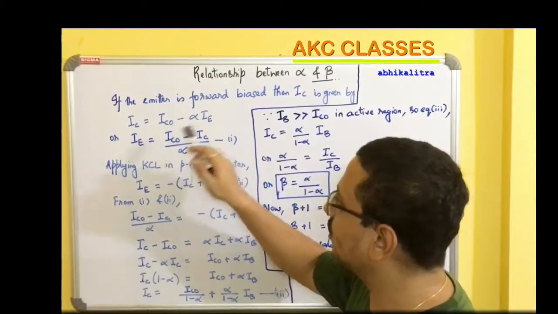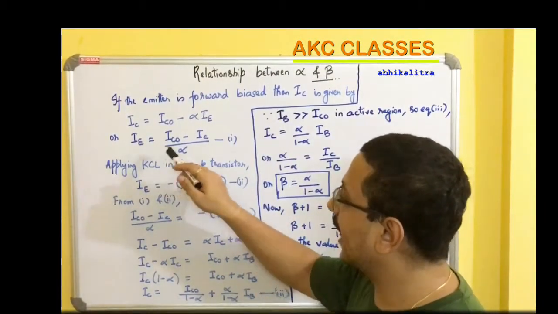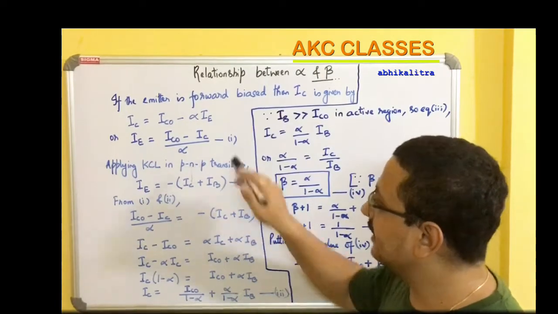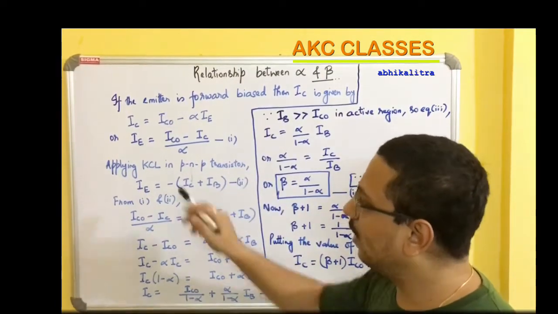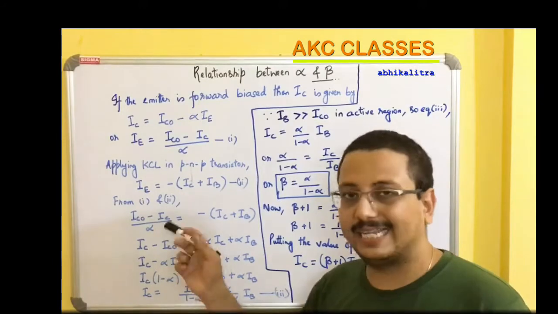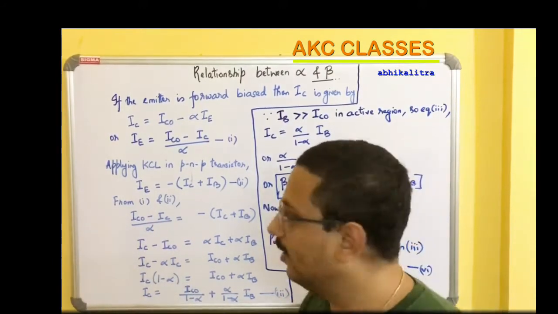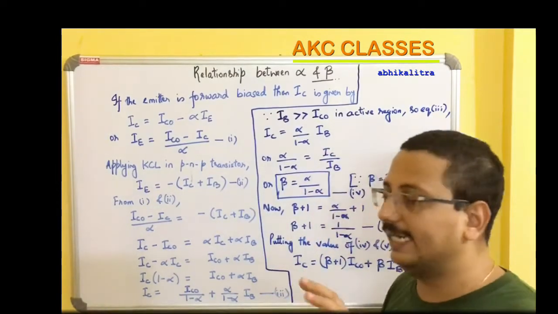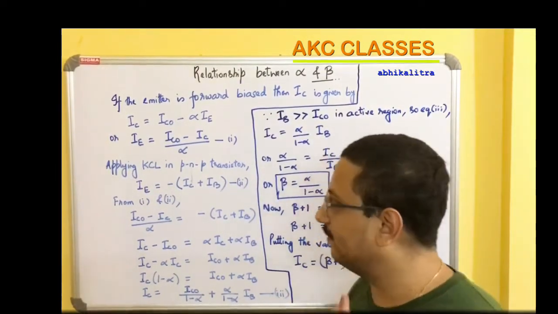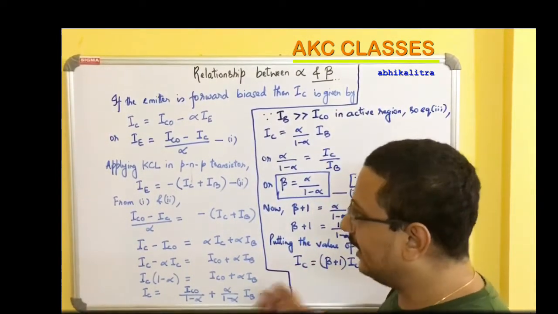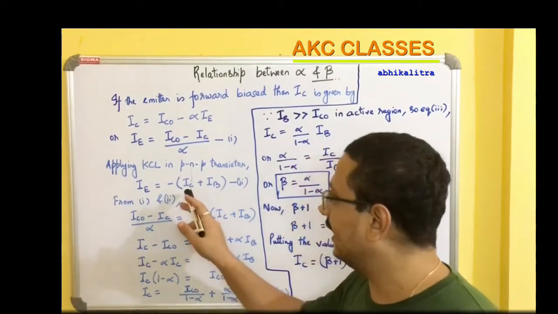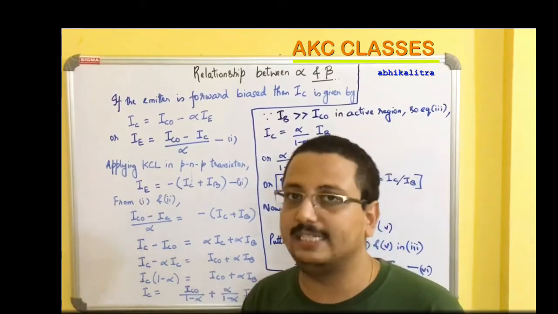From this we obtain IE, which is IE equals ICO minus IC, whole divided by alpha. We keep this as equation 1. Now we apply KCL, Kirchhoff's current law, to the PNP transistor. If you observe the PNP transistor, with the current directions I gave in my video lectures, the emitter current enters the transistor, and the collector and base currents move outside.